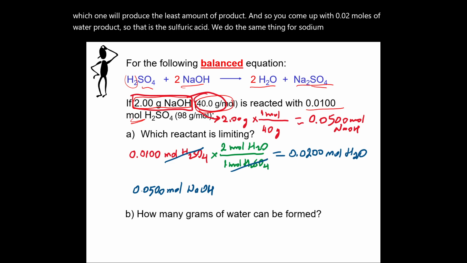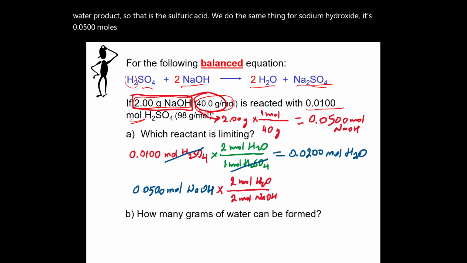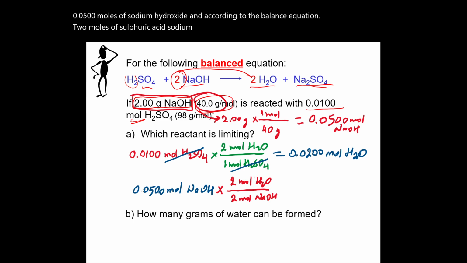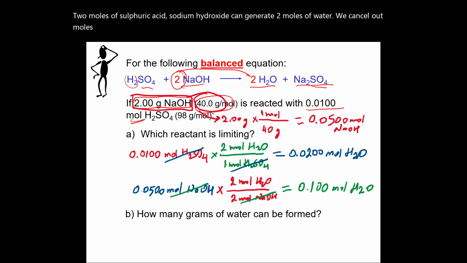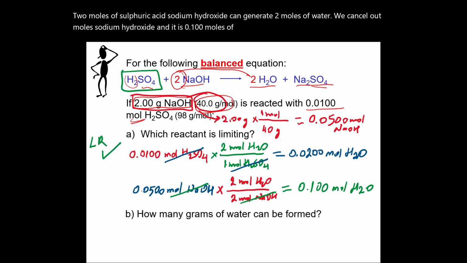It's 0.0500 moles of sodium hydroxide. And according to the balanced equation, 2 moles of sodium hydroxide can generate 2 moles of water. We cancel out moles of sodium hydroxide, and it is 0.100 moles of water.